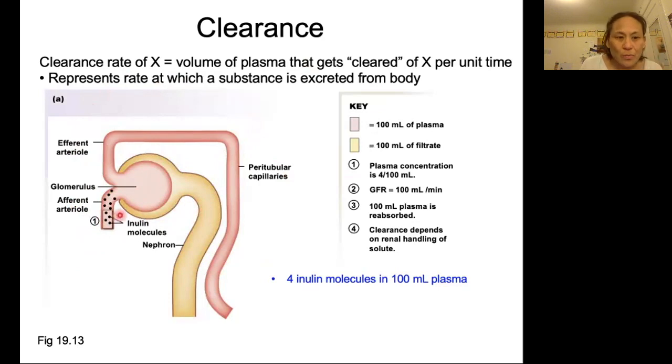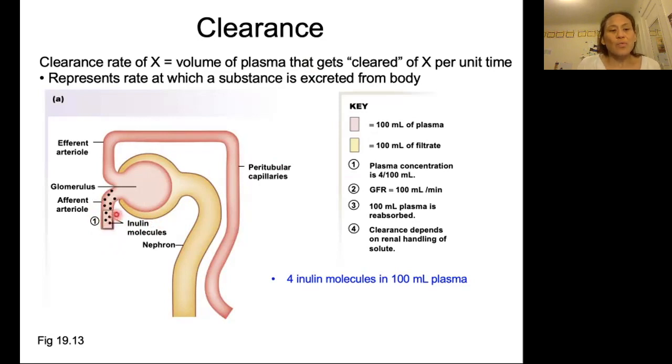What we're gonna be doing is looking at this box right here that represents 100 milliliters of plasma, okay? In that 100 milliliters of plasma, we have 4 molecules of this substance called inulin. For now, don't worry about what inulin is, just suffice it to say there's this molecule called inulin, and we have 4 of them in this 100 milliliters of plasma, okay?